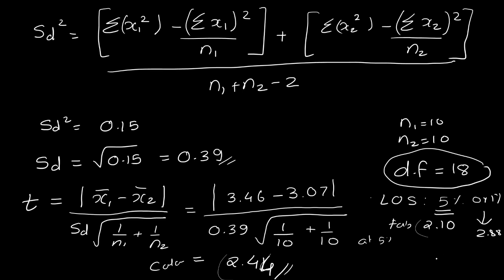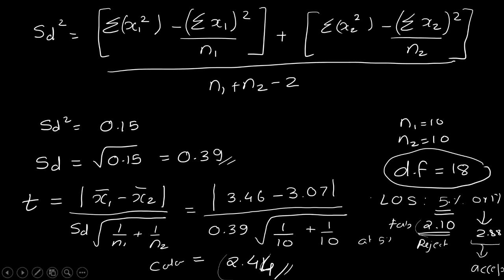So you can say that at 1% level of significance, there does not exist a significant difference, that is, the null hypothesis is accepted at 1%. At 5% it is rejected, at 1% it is accepted. I just wanted to show you this difference between the two, and that is the only reason I took both the levels of significance.